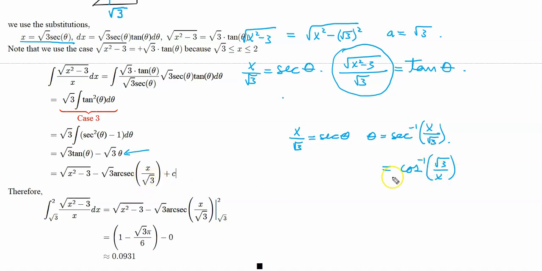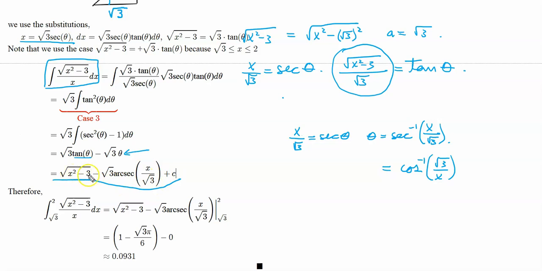Okay, I don't have that written like that over here, but that's what you could do. And then you see substituting this in for tangent, the root 3's will cancel, and you'll just get this. And then substituting in for theta, the arcsecant of x over root 3, we have our answer to the indefinite integral right here.